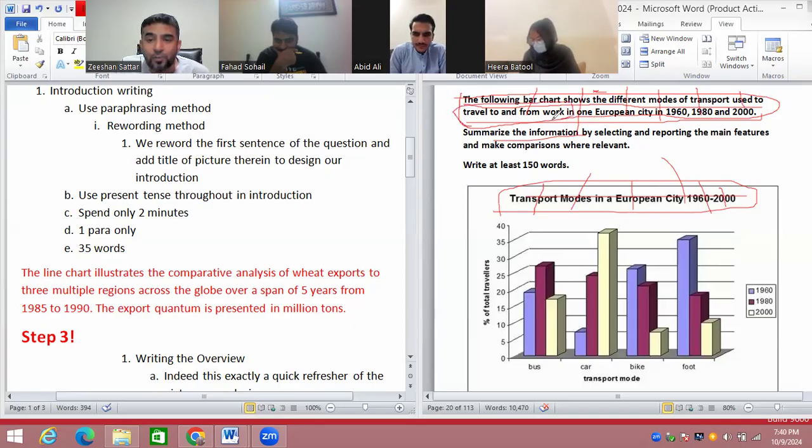Who goes to office? Workers. In one will remain one. European city will remain European city over a span of 40 years from 1960 to 2000.